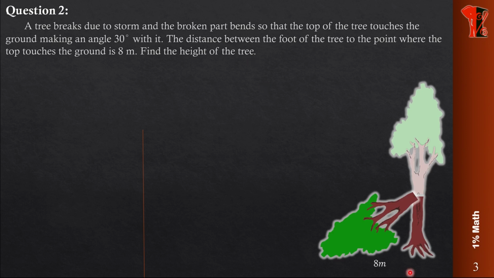So these are the 8 meters, from the base of the tree to where the top touches the ground. Again, if I join all these things, I am going to get a right angle triangle. Here, what do we need to find? We need to find the height of the tree, which means from this part to this part.